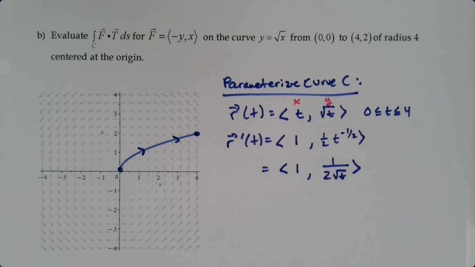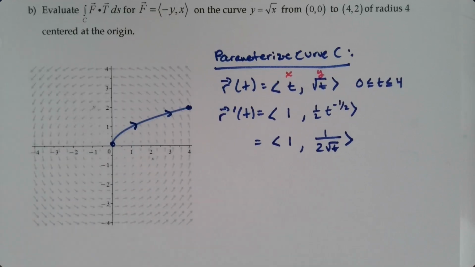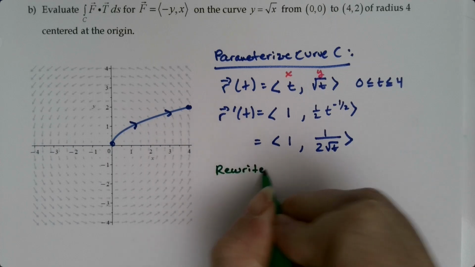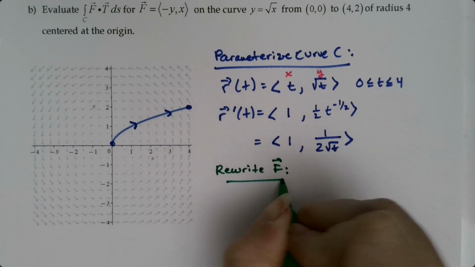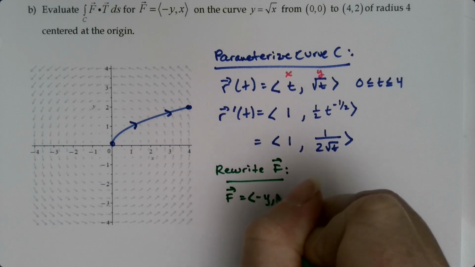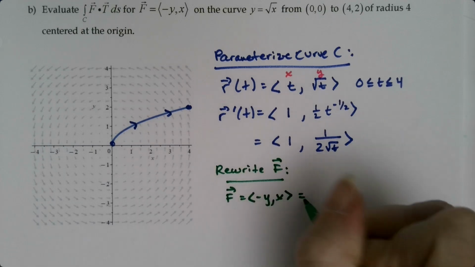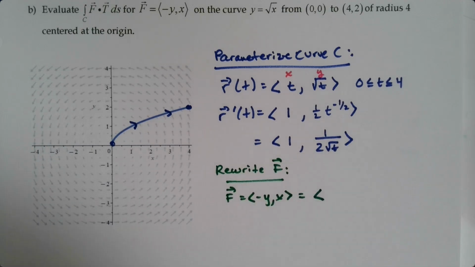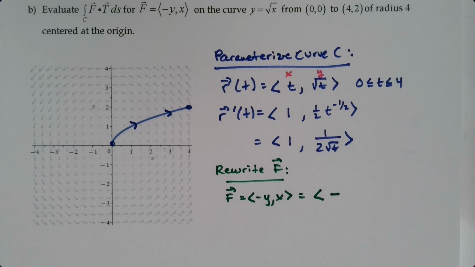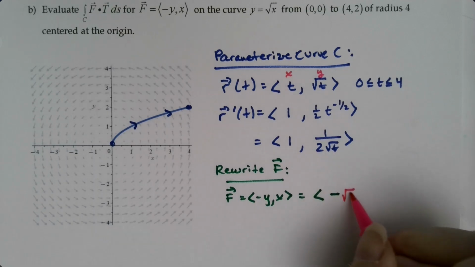Now we need to rewrite our vector field. The vector field was negative y, x, but now we're going to rewrite it with our new y and x. So it's going to become negative square root of t, because that's y, and then x, which was t.